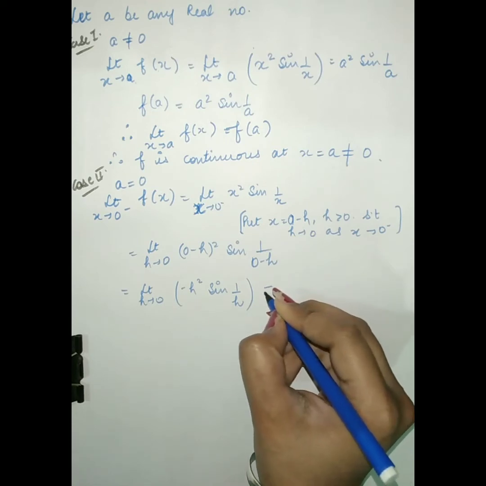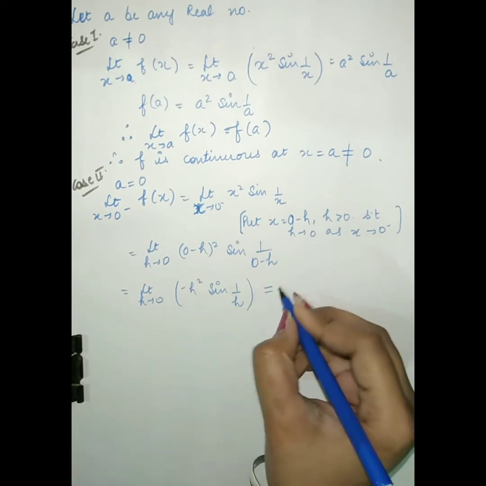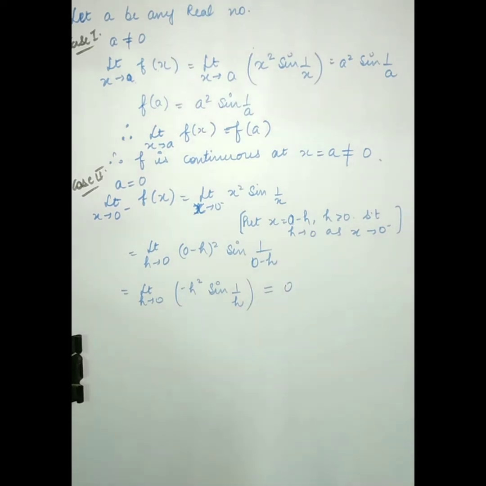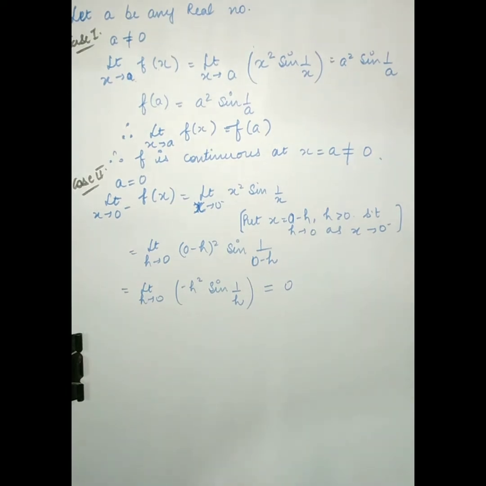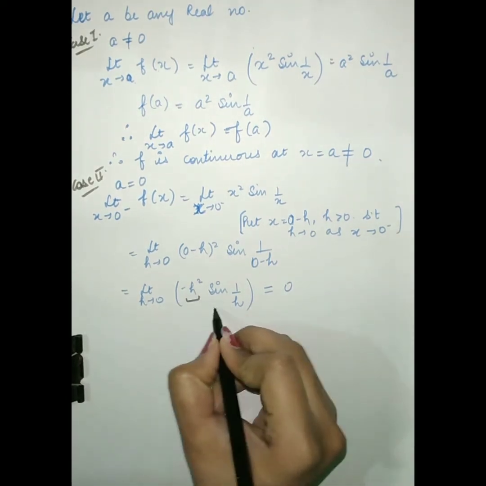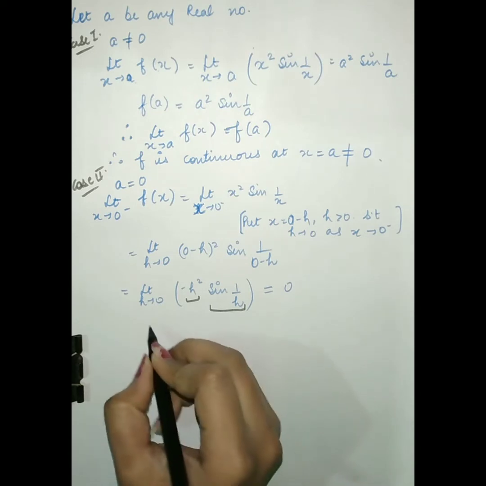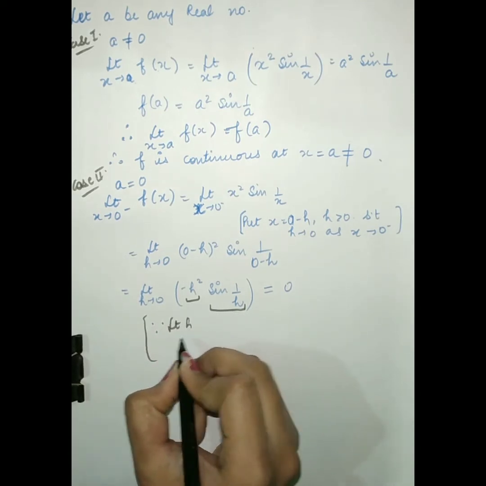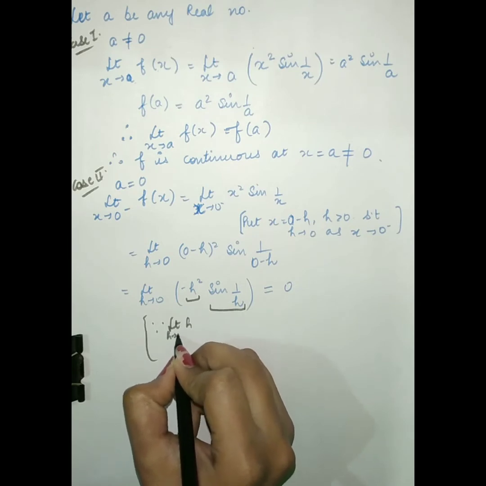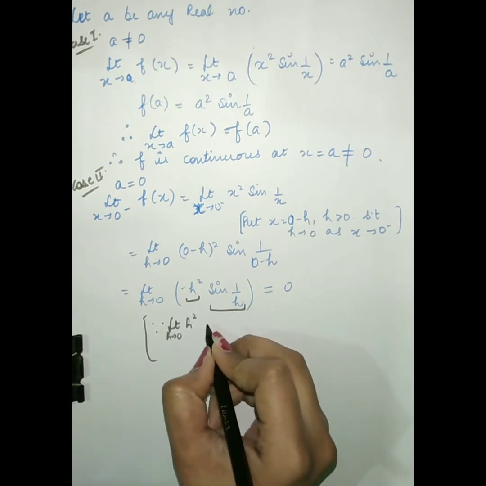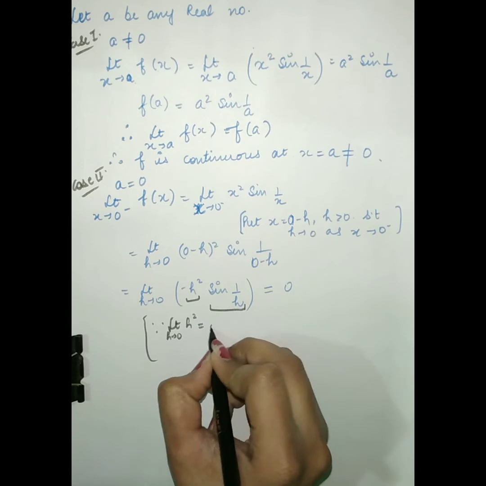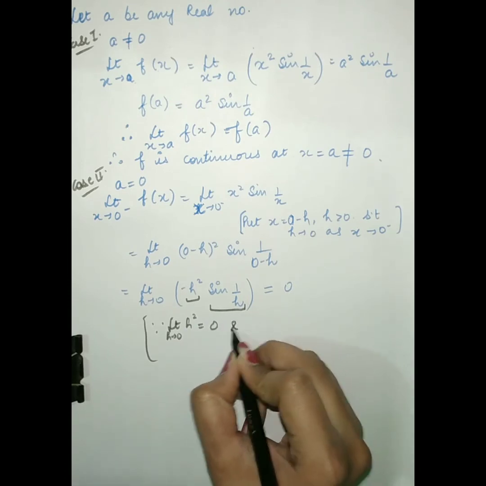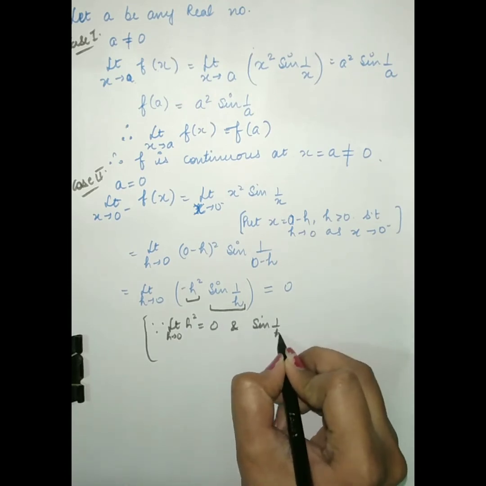Here we have the term h square and sine 1 by h. We use that limit h approaches 0, h square becomes 0 by putting the limit, and sine 1 by h is bounded.